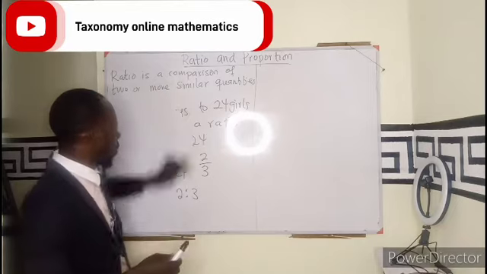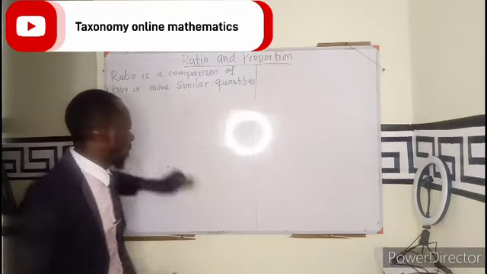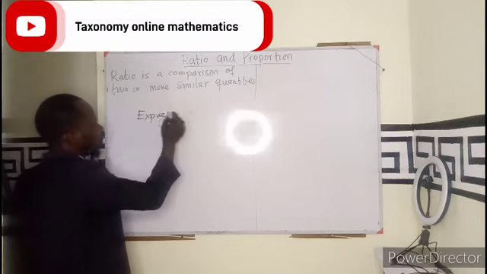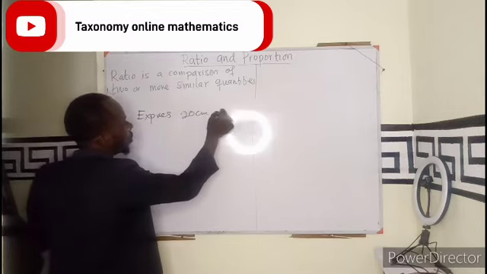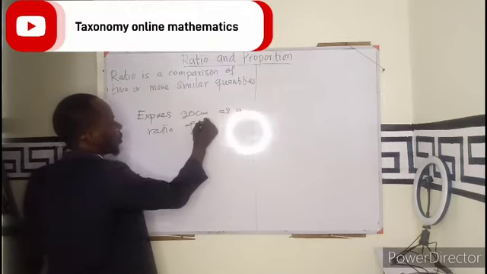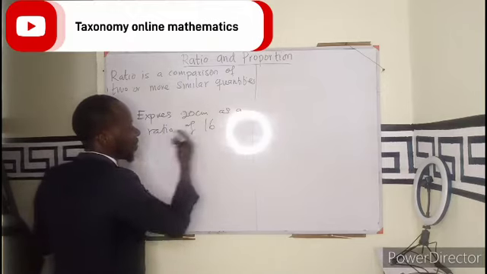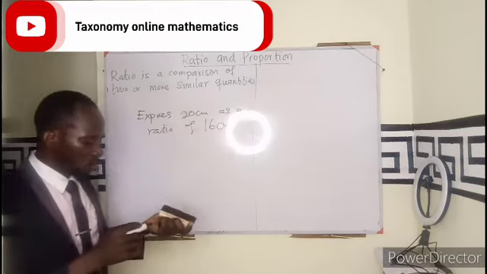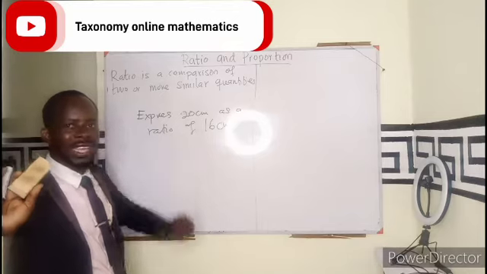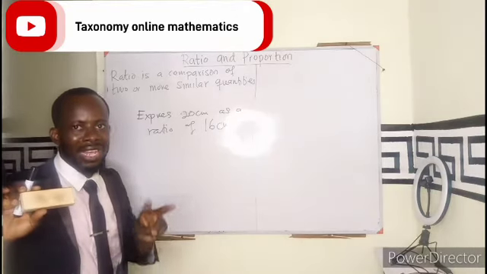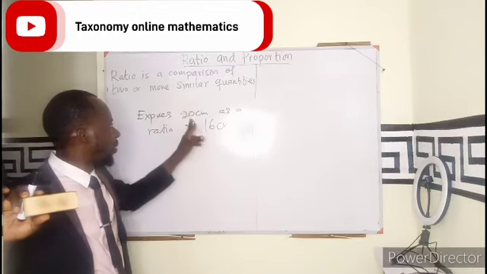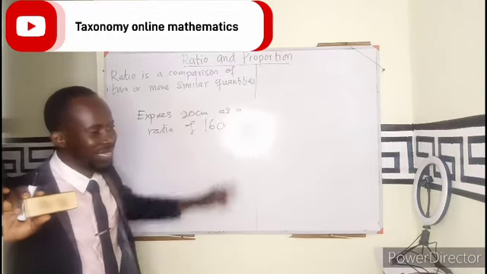Alright, we can also be given a question as in express 20 centimeter as a ratio of 16 centimeter. We are trying to compare the length of 2 quantities, whose dimensions are 20 and 16.